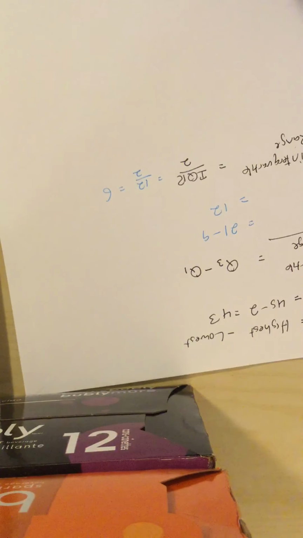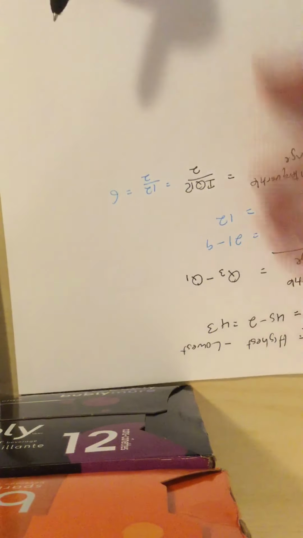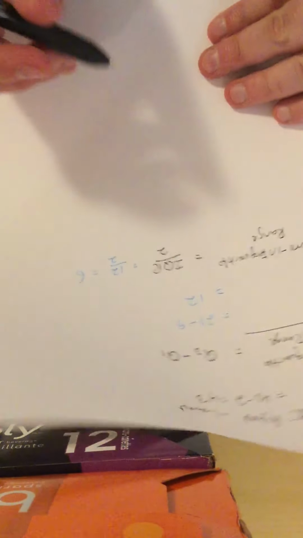Okay, and the last thing we're going to do with these things is something called a box and whisker plot. That's the actual name.